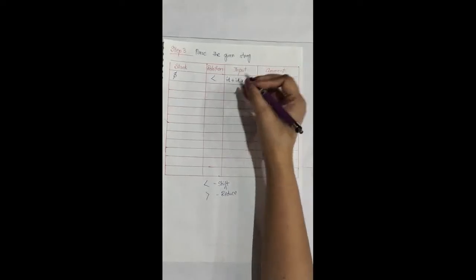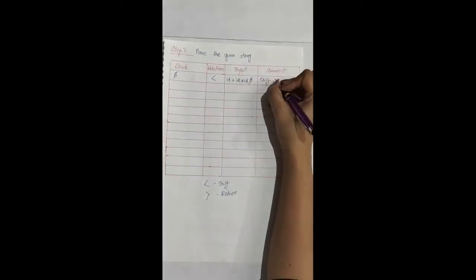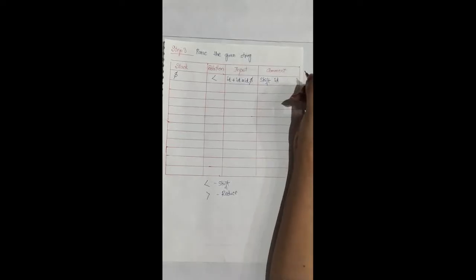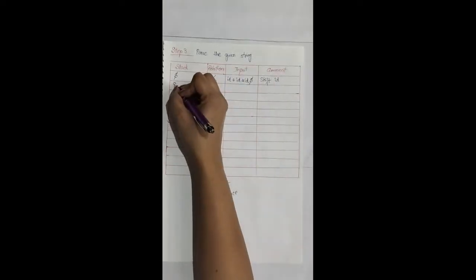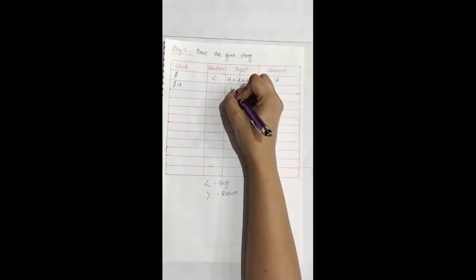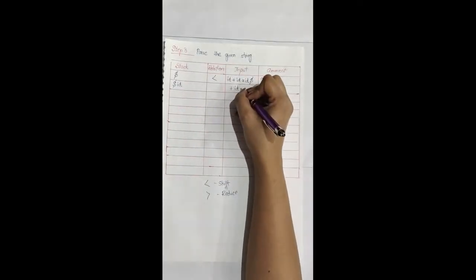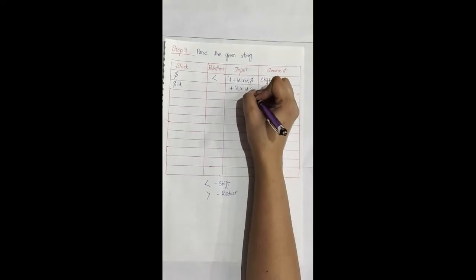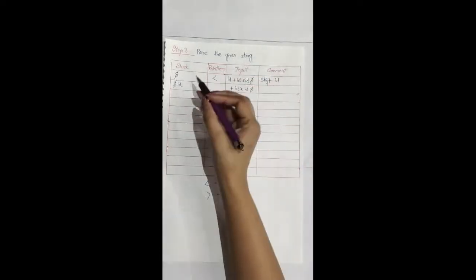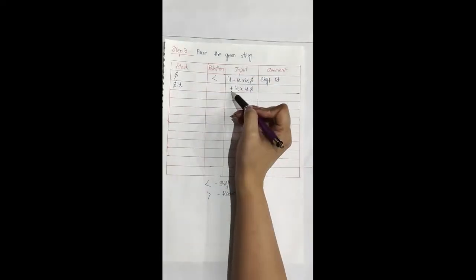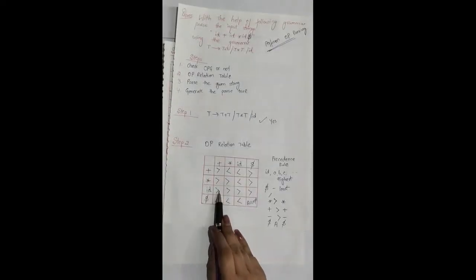So let's move ahead. This type of symbol, that means we have to shift. What we have to shift? The first symbol from the input string. What is the first symbol? ID. That means in the second step, the stack will contain dollar and ID. And here we are left with plus ID asterisk ID dollar. Now compare ID plus ID and plus ID plus which symbol?